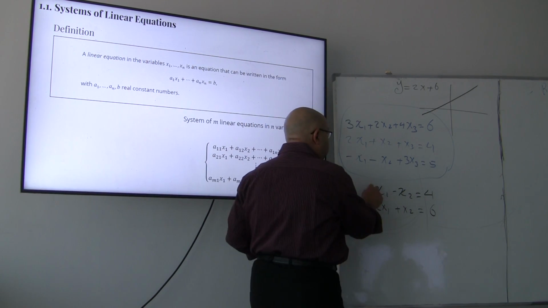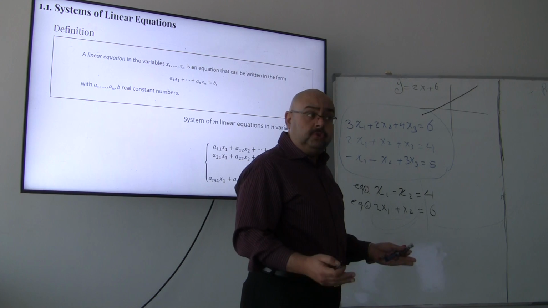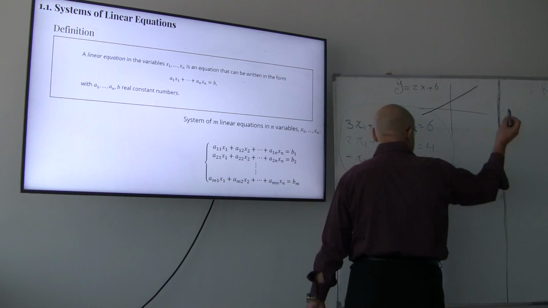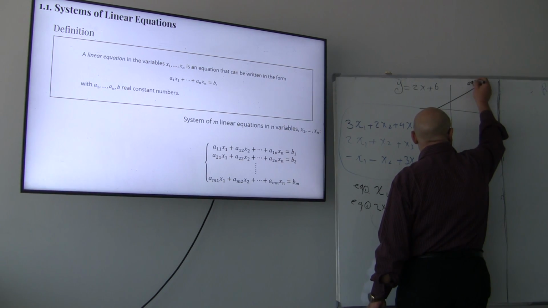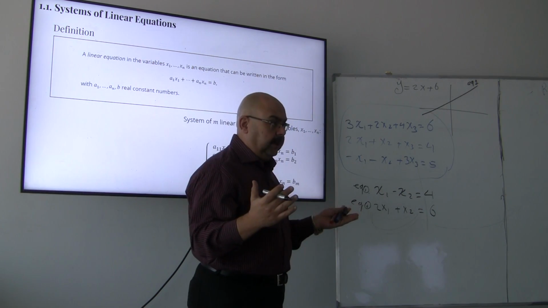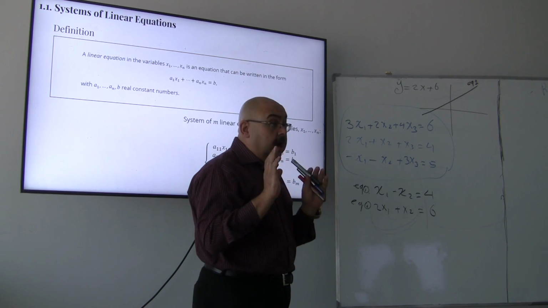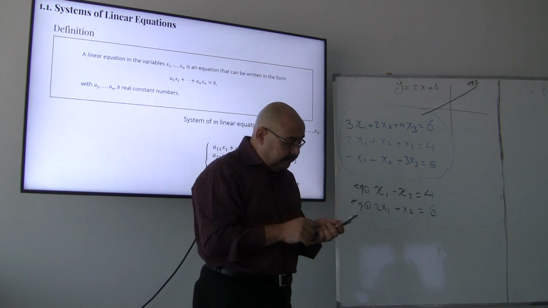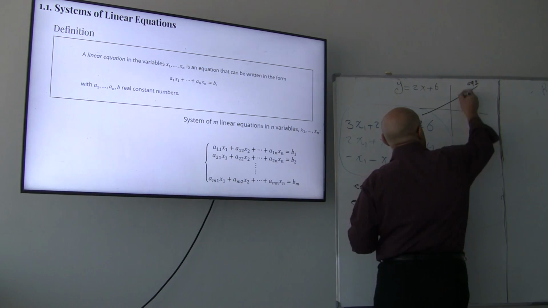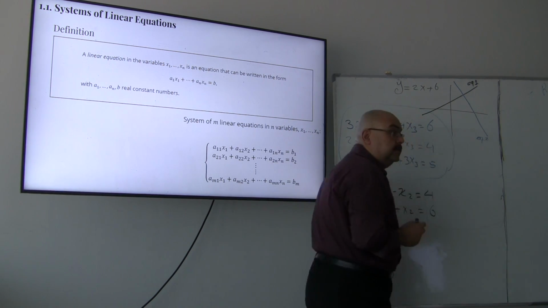So let's say this is equation number 1, and this is equation number 2. This is not the correct shape, but it's a straight line. If I want to graph the other equation, and if they are completely different from each other, the other equation will be like this. This is equation number 2.